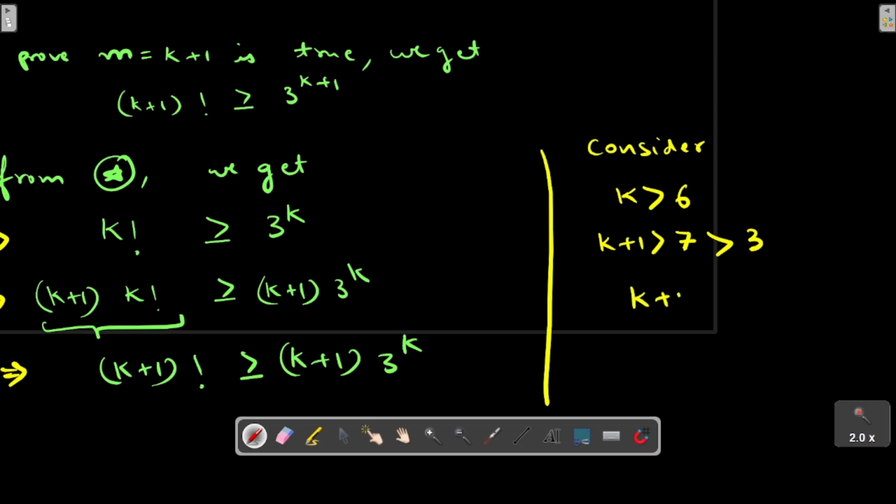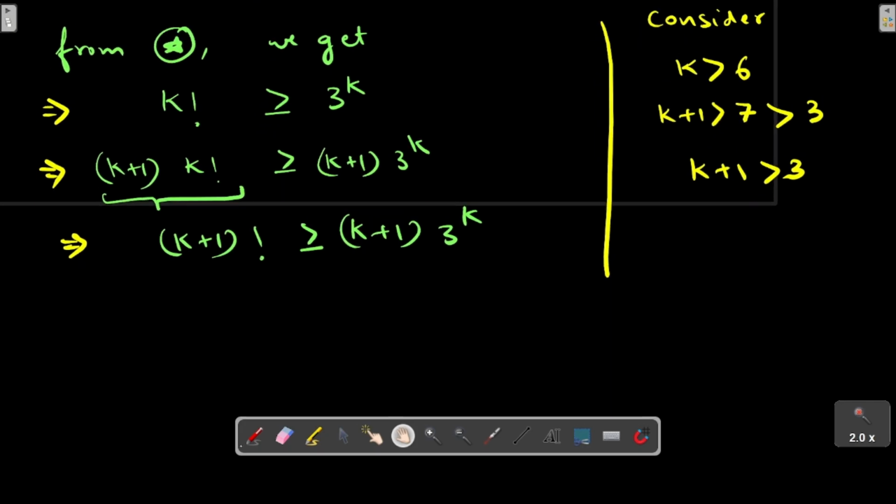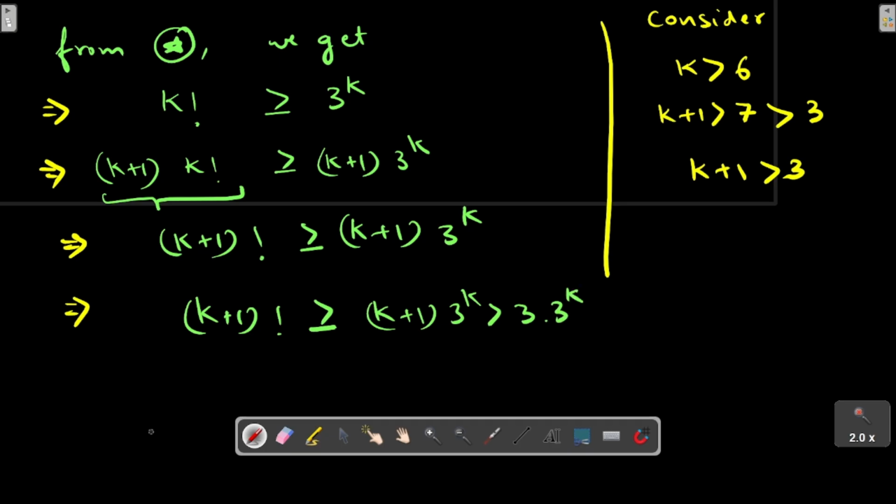So can I say k plus 1 is greater than 3? Then in the next step, instead of k plus 1, can I put 3? It will be 3 times 3 to the power of k.